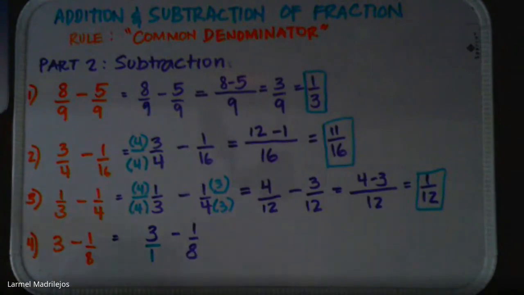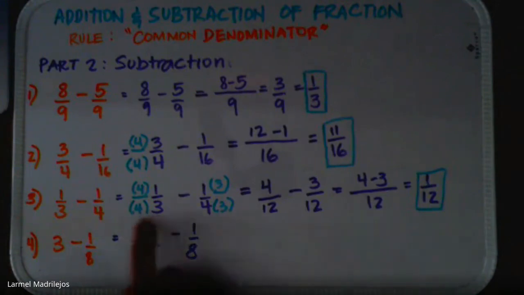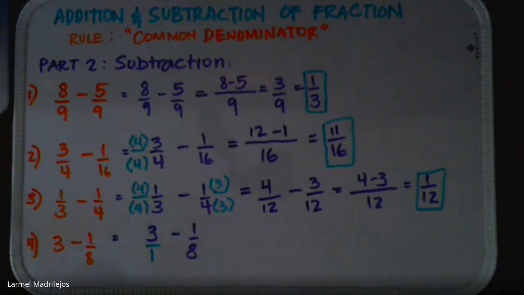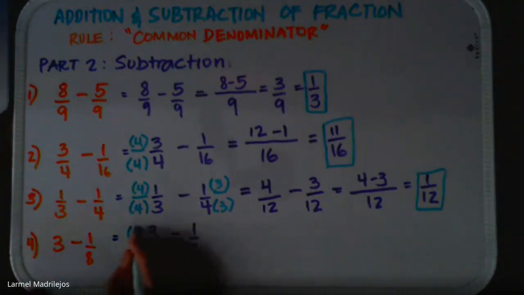Now, the common denominator here is going to be 8. 1 times 8 is 8. This is the only fraction that I need to convert, since the other has 8 as a denominator. I'm going to multiply this by 8 over 8.